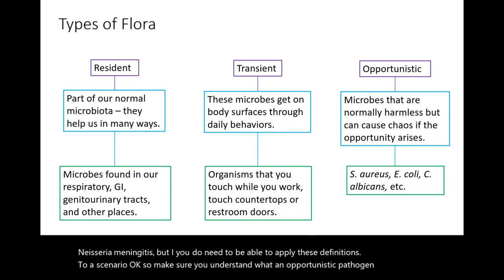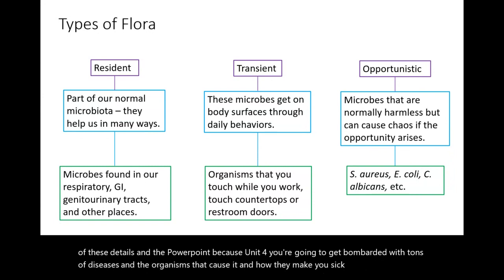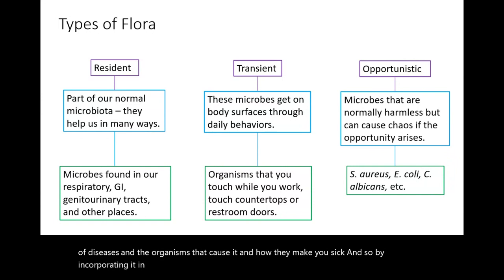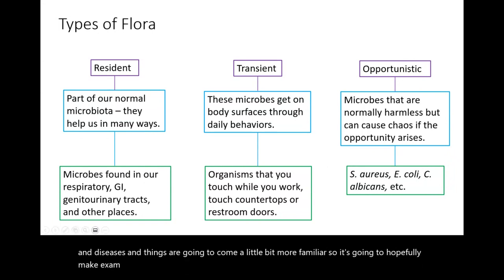I left a lot of these details in the PowerPoint because in Unit 4 you're going to get bombarded with tons of diseases and the organisms that cause them and how they make you sick. By incorporating them in the PowerPoints, as you read over them to study for test 3, these names and diseases are going to become a little more familiar, so it's hopefully going to make exam 4 a little easier.